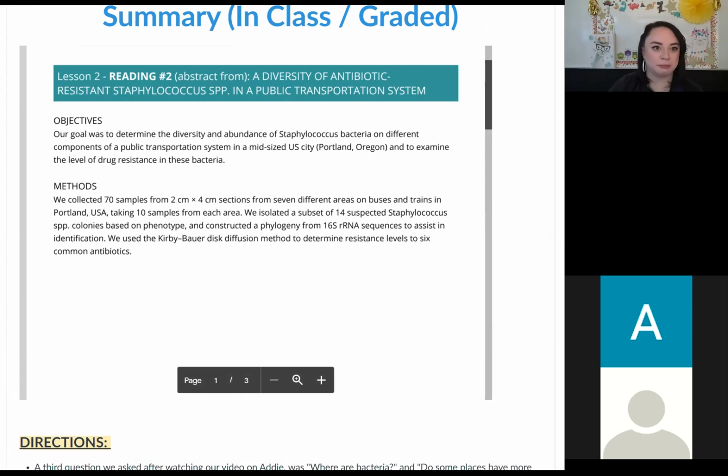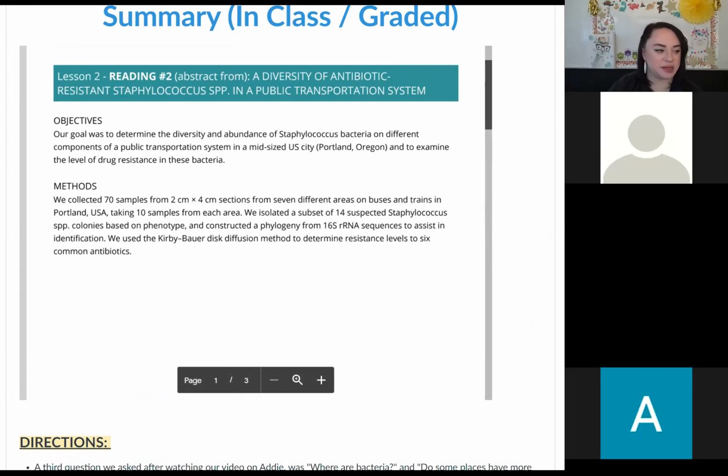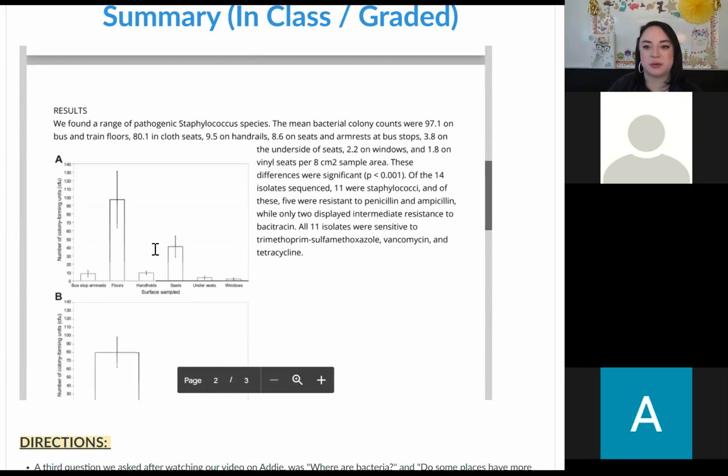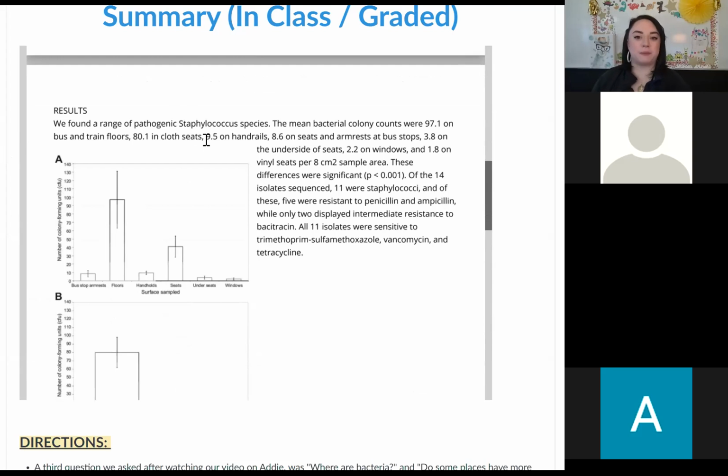Like trains and buses? Yeah, trains, buses, that you might take to and from work every day. Okay, so that's kind of the area they were testing. We're going to skip the method area and move on to the results. So it says, we found a range of pathogenic Staphylococcus species.